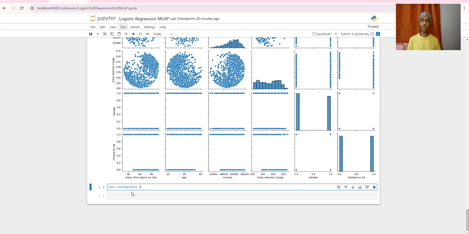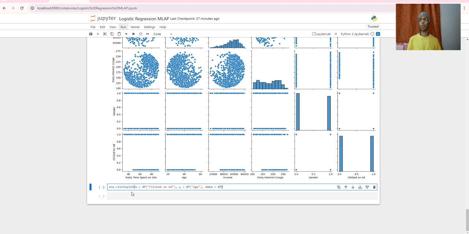So we say x is equal to df clicked on ad, y is equal to df age, and data obviously is df.